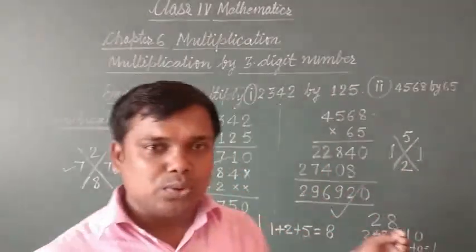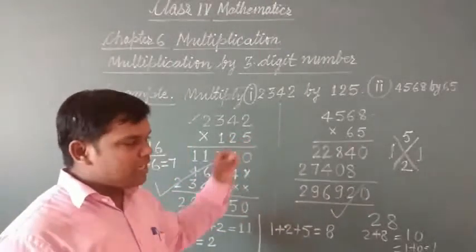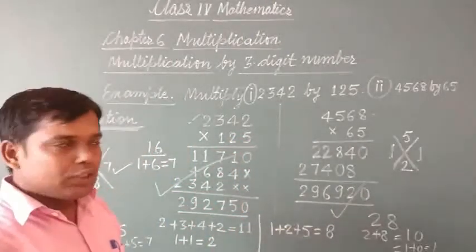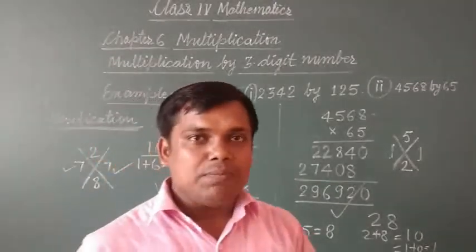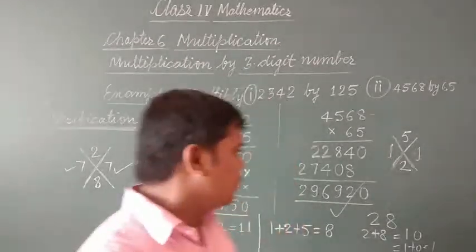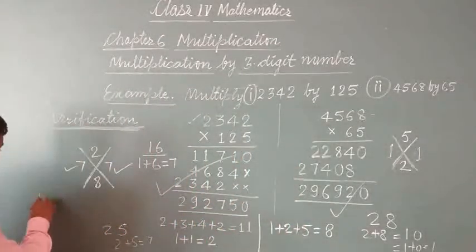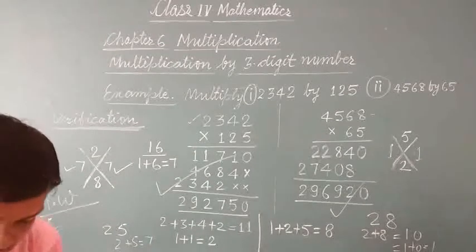I hope you understood how to check the multiplication once we multiply. So dear students, on behalf of this discussion, you have to do the questions of exercise 6.2. So you have your homework here.